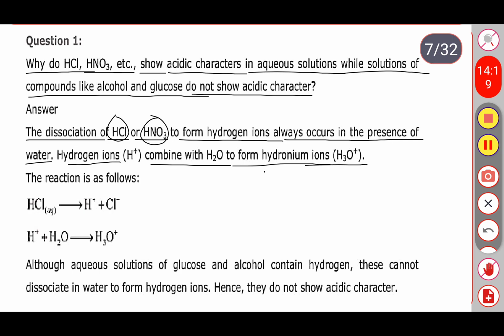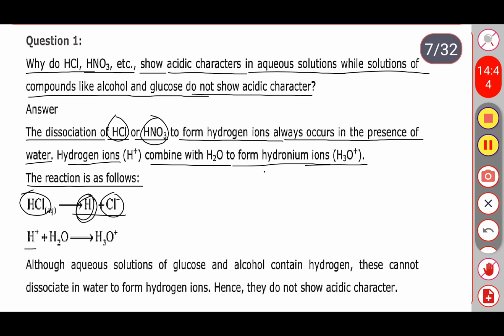When hydrochloric acid, HCl, is dissolved in water, it dissociates into a hydrogen ion and a chloride ion, and this hydrogen ion again combines with water and forms a hydronium ion.